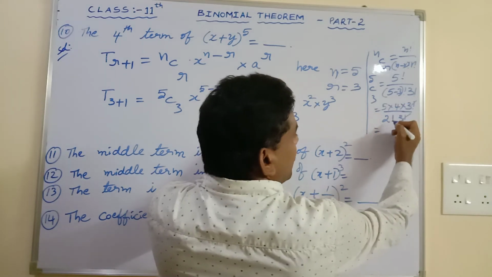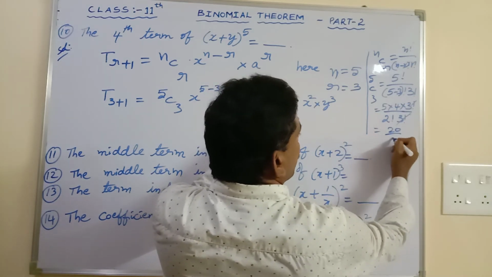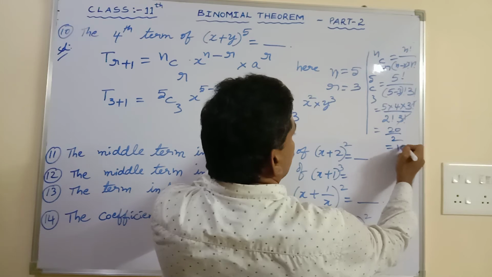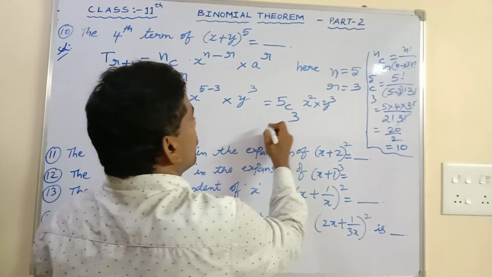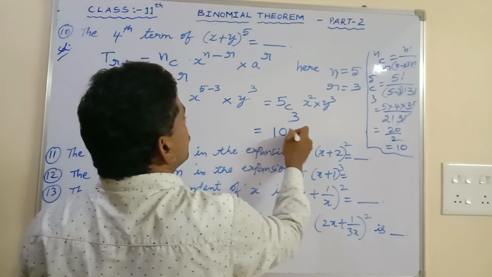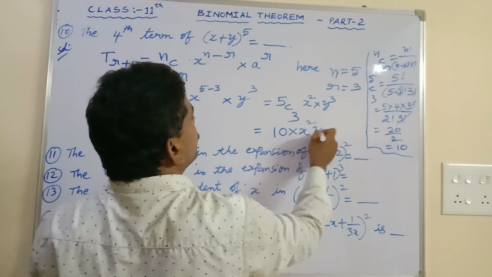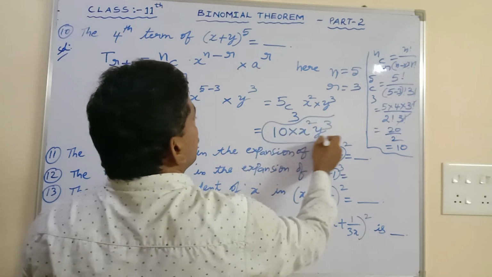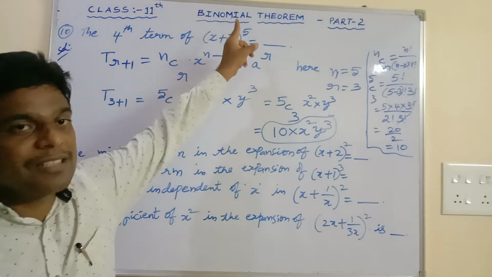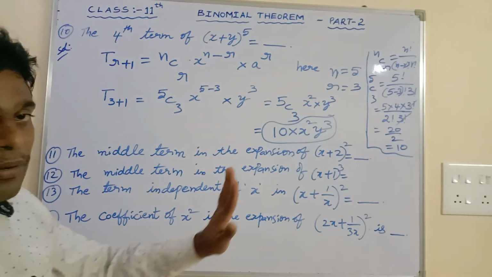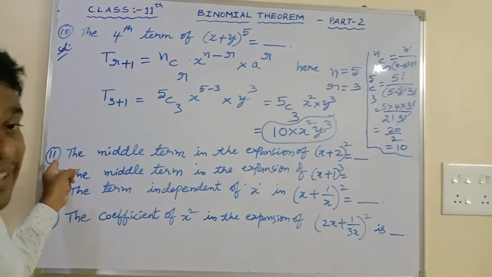So 5 into 4, 20, by 2 into 1, 2. This is 10. So 5C3 value is 10. So the answer is 10 x square y cube, the fourth term of the expansion of x plus y whole power 5. Right.